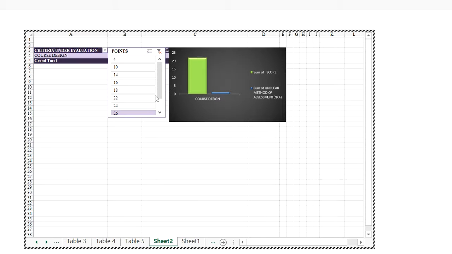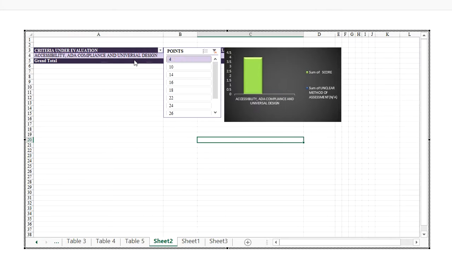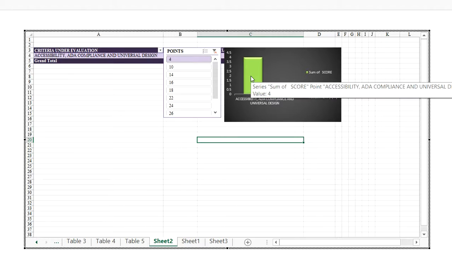Additionally, the other area of effectiveness in this course is that of accessibility, ADA compliance, and universal design. Out of 4 points, this area received the full 4 points.